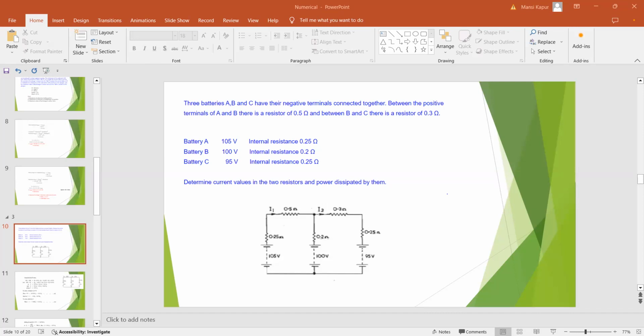Guys, do you remember Kirchhoff's law? In a junction, the sum of current will be zero. How many Kirchhoff laws are there? Voltage law and current law.